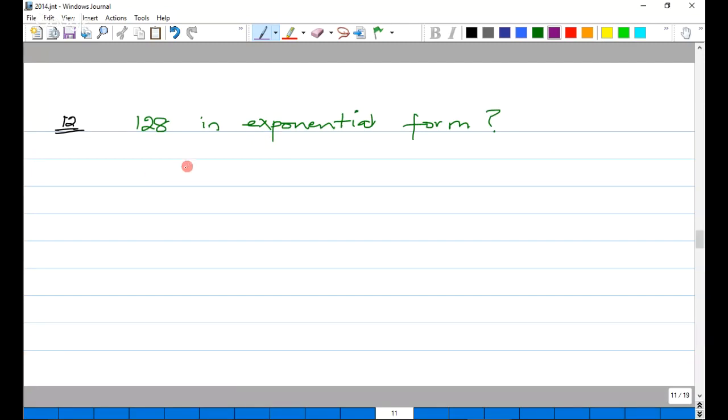128 in exponential form. I'll put my 128. I'm going to start with 2 since 128 is an even number.